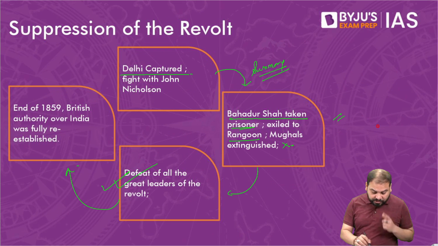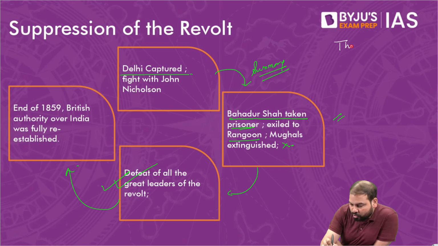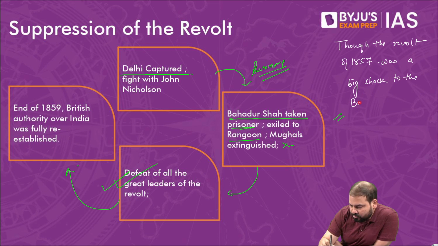Please write a question. The question is: though the revolt of 1857 was a big shock to the Britishers, the final result was in their favor.